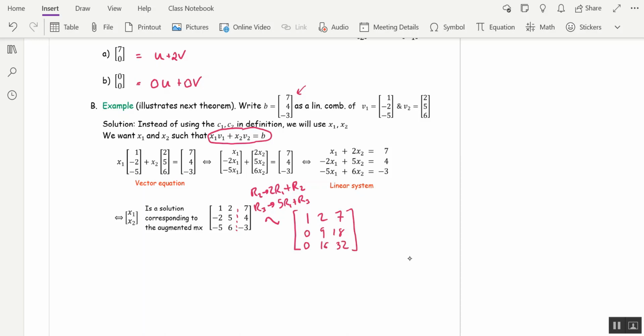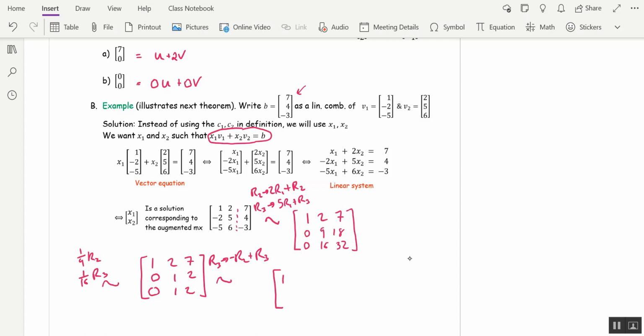Now I'm going to do two more operations at once. Normally I don't, but if they're easy operations, I do. I'm going to take 1/9 row 2 and 1/16 row 3. So 1, 2, 7. 0, 1, 2. 0, 1, 2. Now I'm going to replace row 3 with negative row 2 plus row 3. I'm trying to get to echelon, well, I want reduced echelon form.